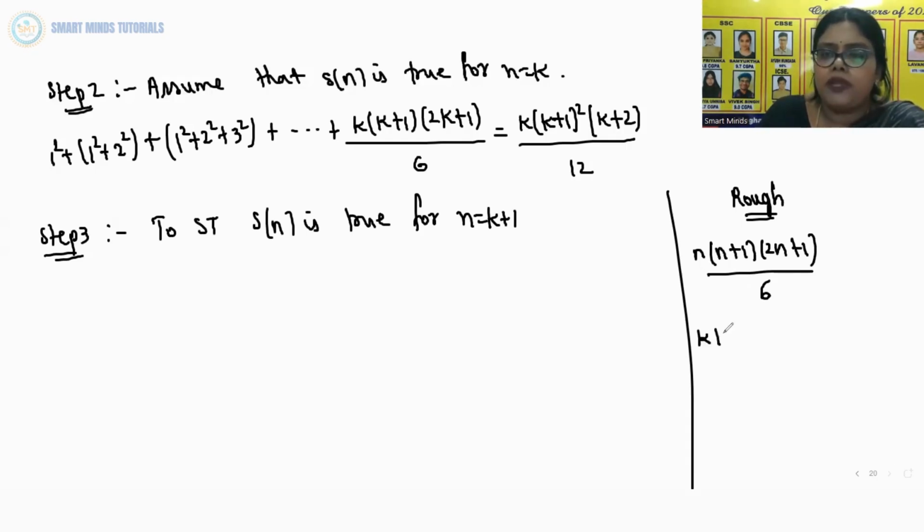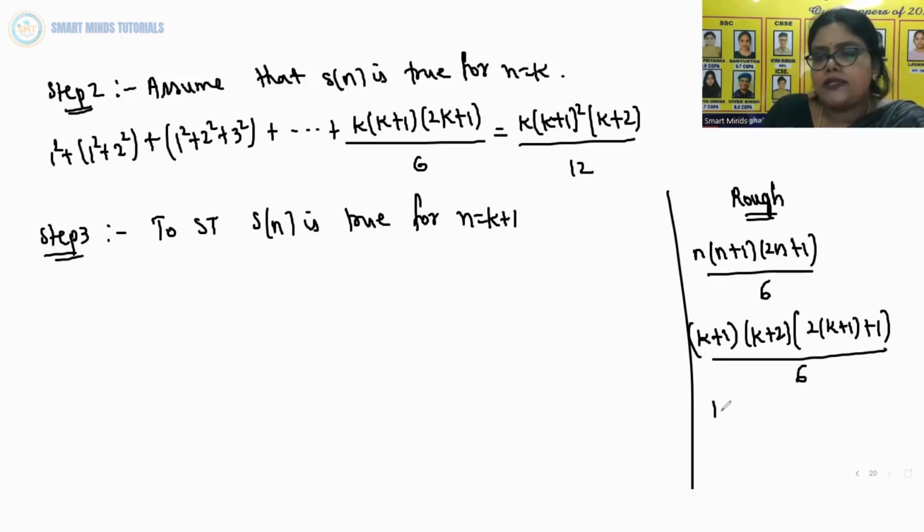So n will become k plus 1, n plus 1 will become k plus 2. But here directly we cannot write, so we need to solve it. So 2 into, in the place of n we put k plus 1, plus 1 by 6. So that is k plus 1 into k plus 2 into 2k plus 2 into 1 is 2 and 2 plus 1 is 3.